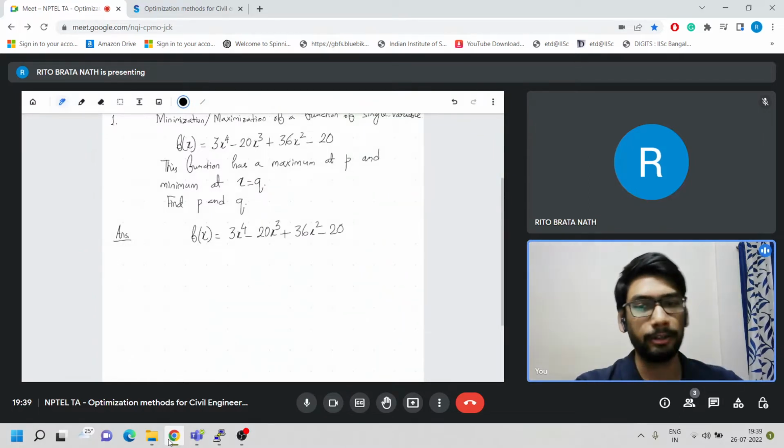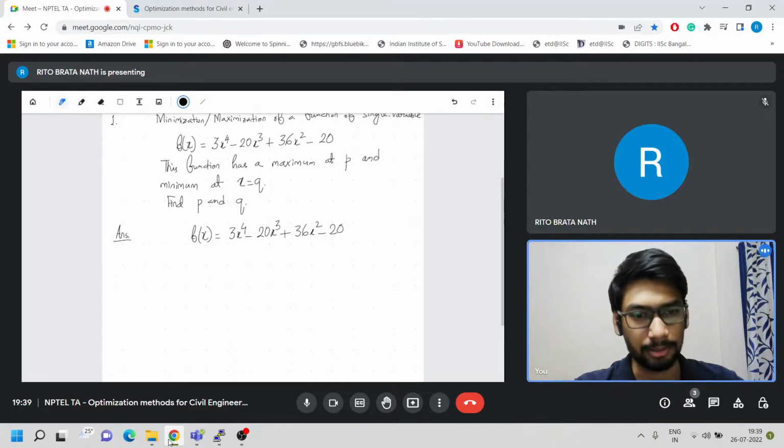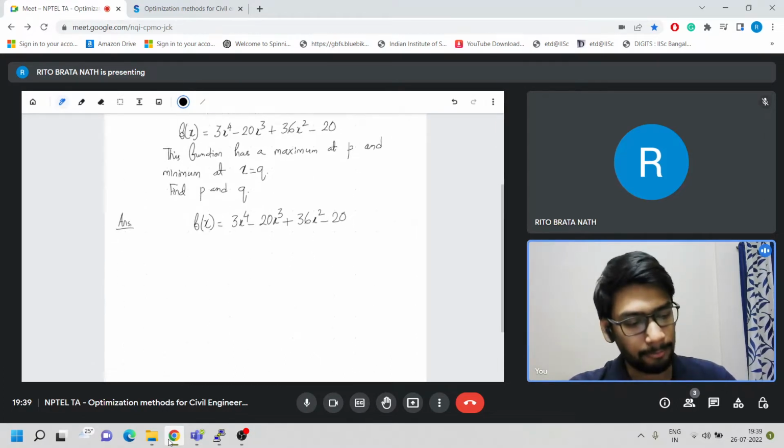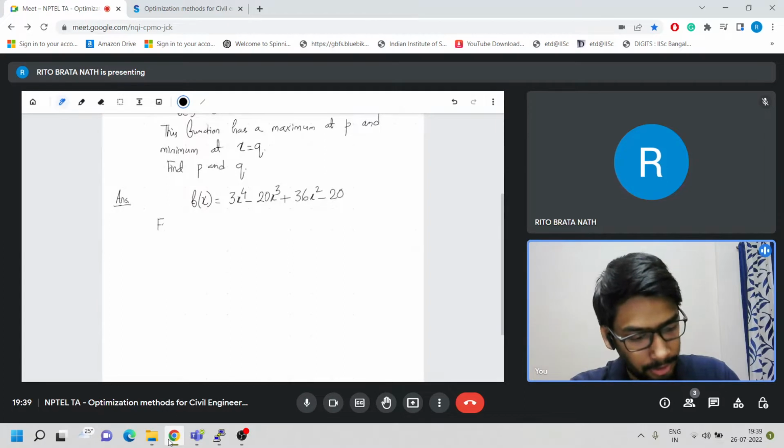What you have learned from your class 12 mathematics is that you can use simple calculus like derivatives. You can take the first or second derivatives and test whether a maxima occurs at some point or a minima occurs at some other point. There is the first order necessary condition.